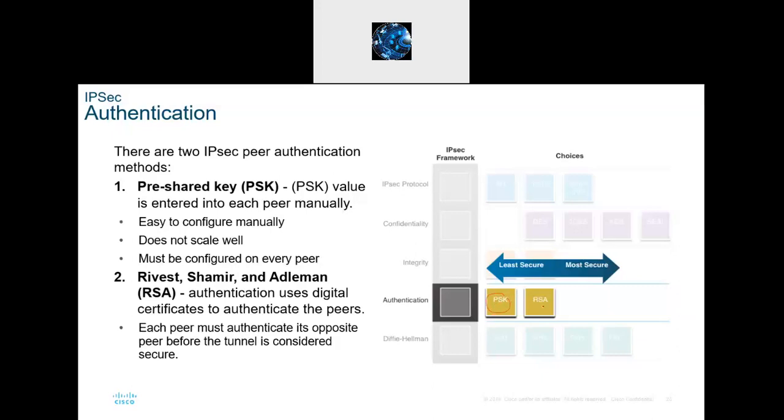But it doesn't really scale. That's why you can move to what is called RSA. RSA is Rivest, Shamir, and Adleman. They don't use keys. They use what is called a digital certificate to authenticate themselves. So the routers can use digital certificates to authenticate themselves. And this is also beyond the scope of CCNA. These are things we teach in cyber security, or in those days in CCNA Security.